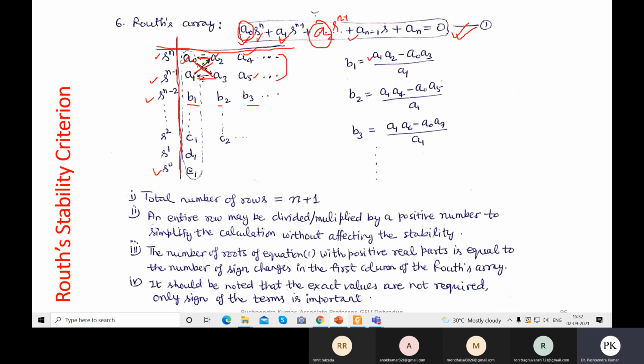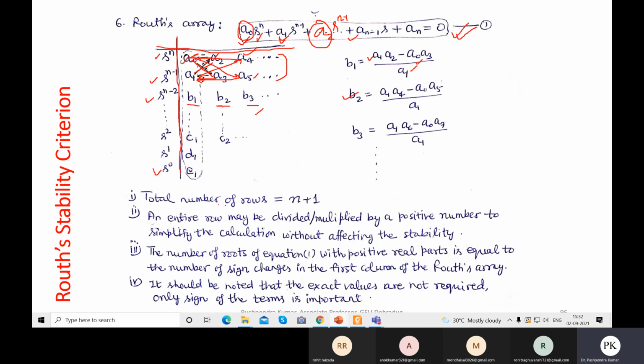So b1 will be a1 a2 minus a0 a3 divided by a1. Similarly, b2 you can calculate as a1 multiplied by a4 minus a0 multiplied by a5, divided by a1. Similarly, you can calculate b3, b4, and so on.